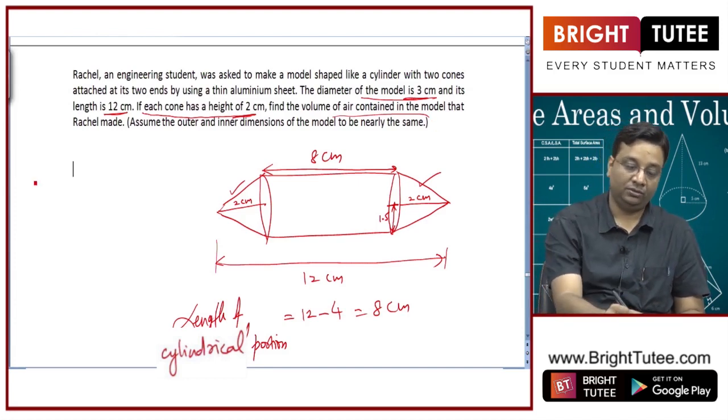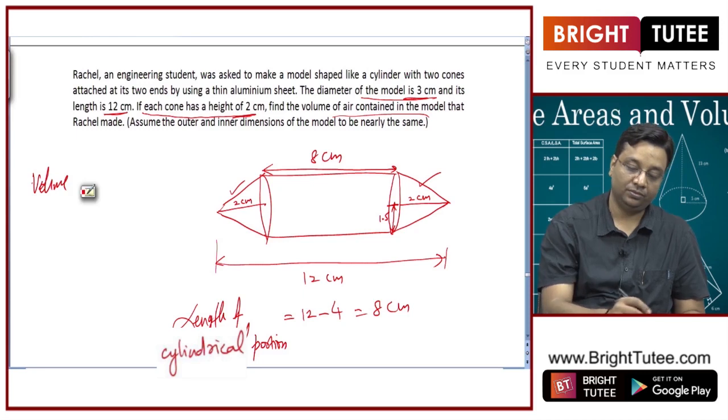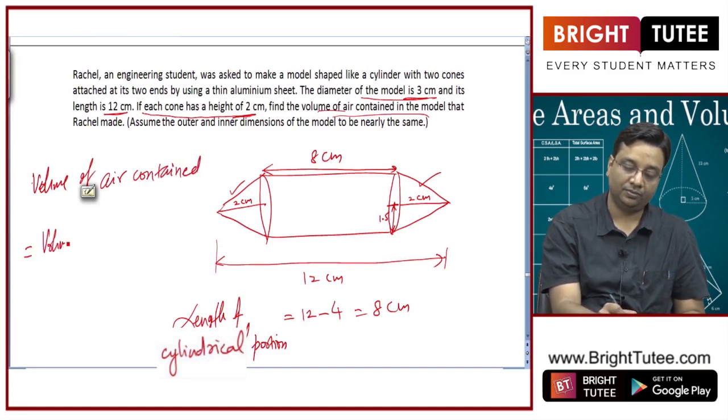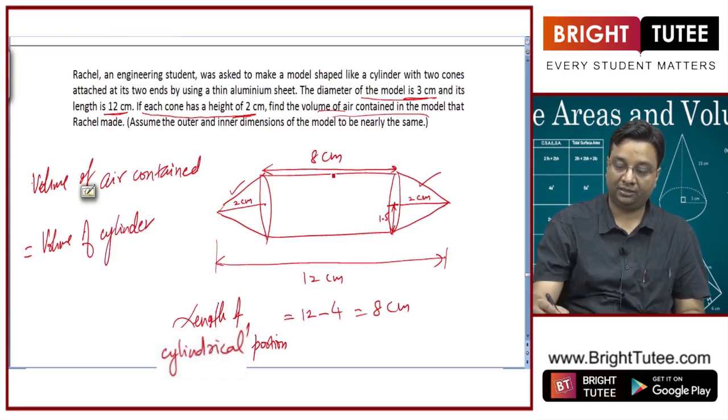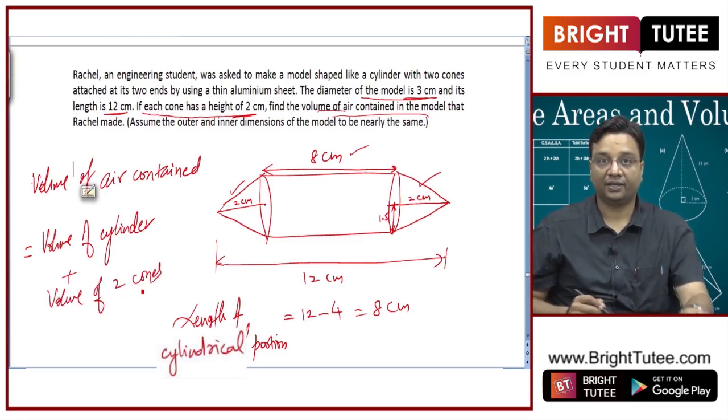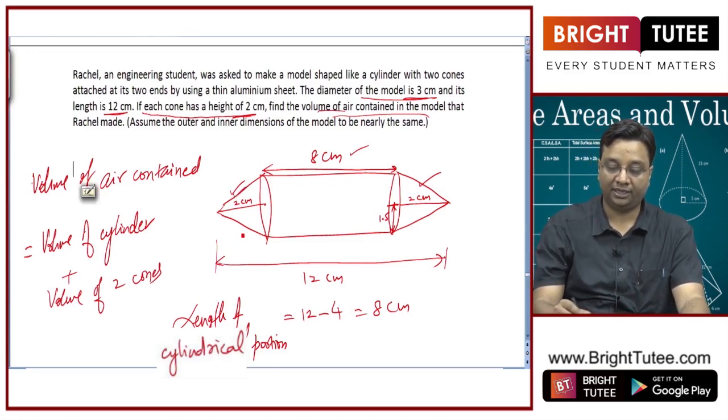So volume of air contained is equal to volume of cylinder, with height as 8 centimeter and radius 1.5 centimeter, plus volume of two cones attached, right, with height 2 centimeter and radius 1.5 centimeter.